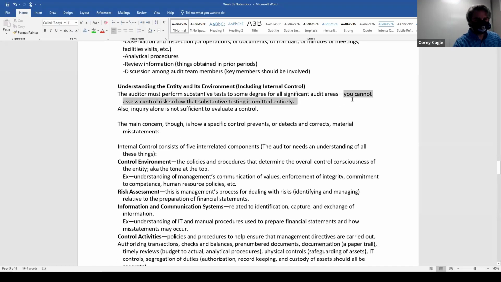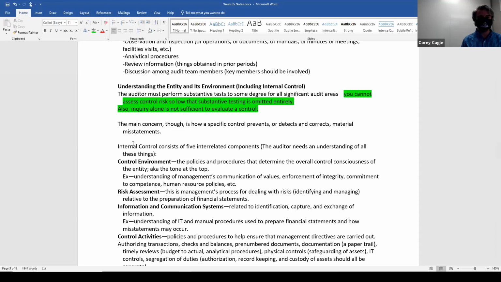Again, you can't assess control risk so low that we omit substantive testing. There we are mentioning again that inquiry alone is not sufficient to evaluate a control. But again, our main concern is how a specific control affects material misstatements.